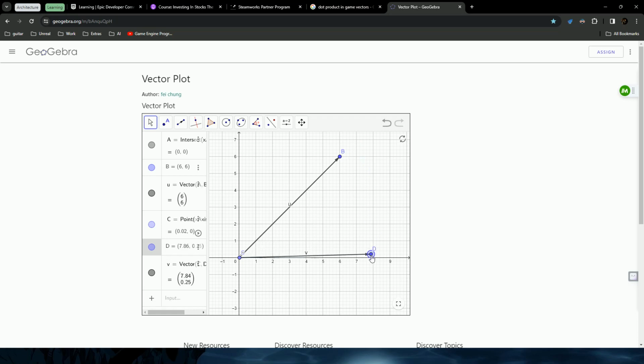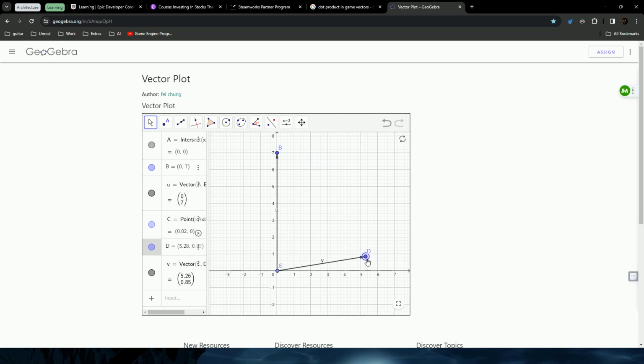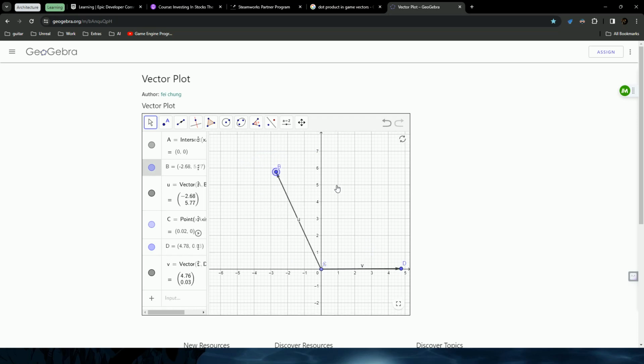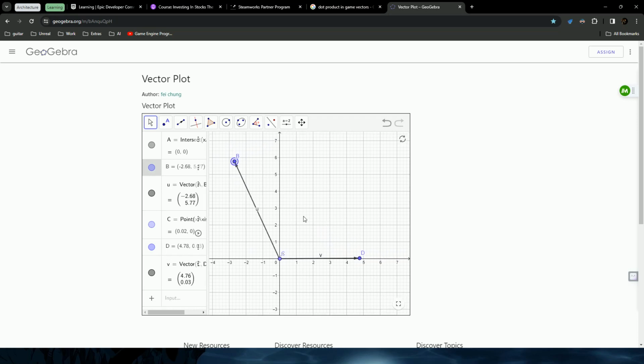If I move this vector from here, right now these two vectors are making a 90 degree angle, and the dot product will be 0. So if the angle goes from 0 to 90, the value will be from 1 to 0. If these vectors are making more than a 90 degree angle, the value will become negative.